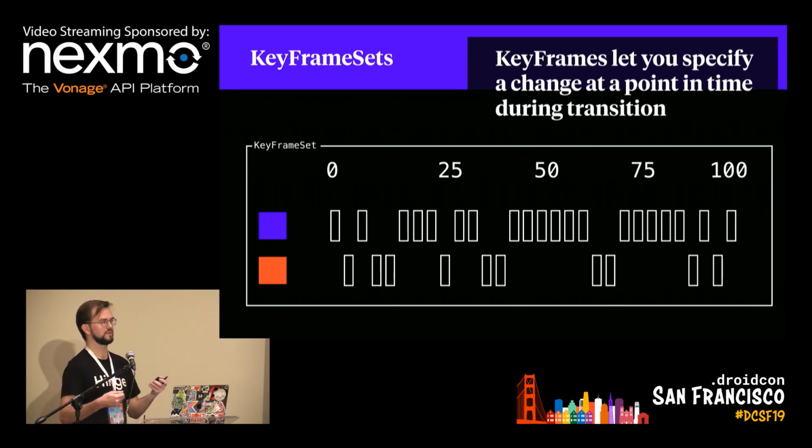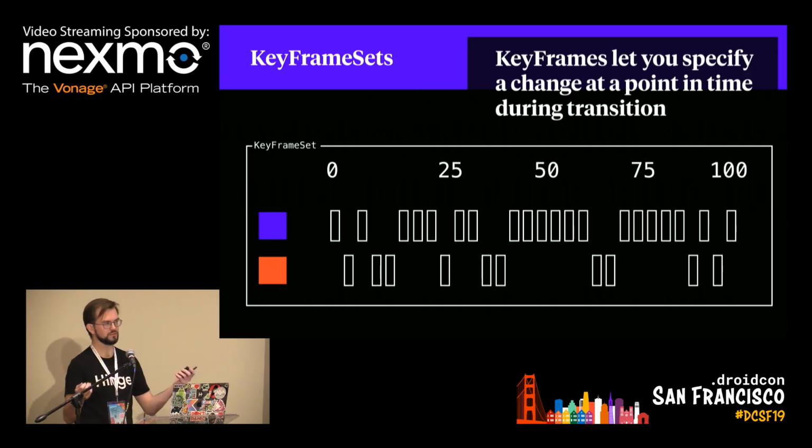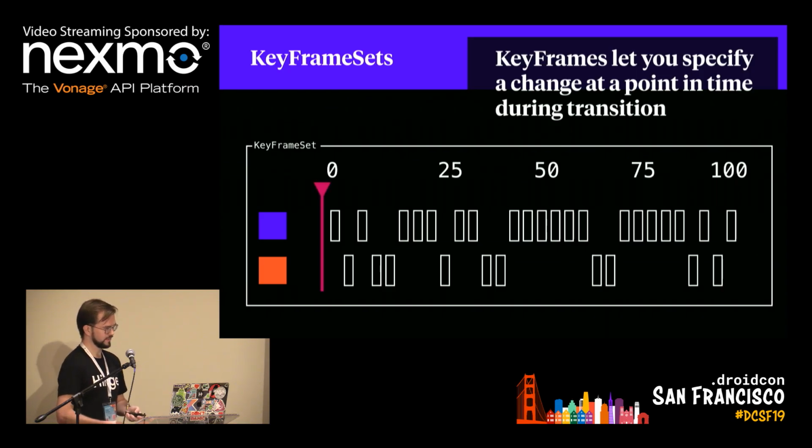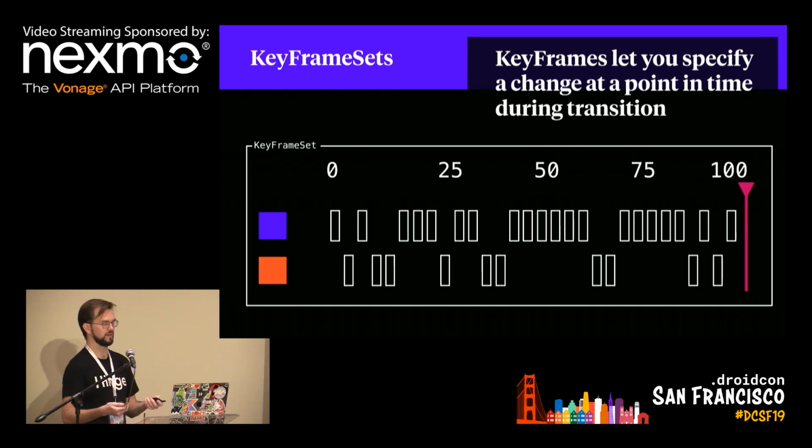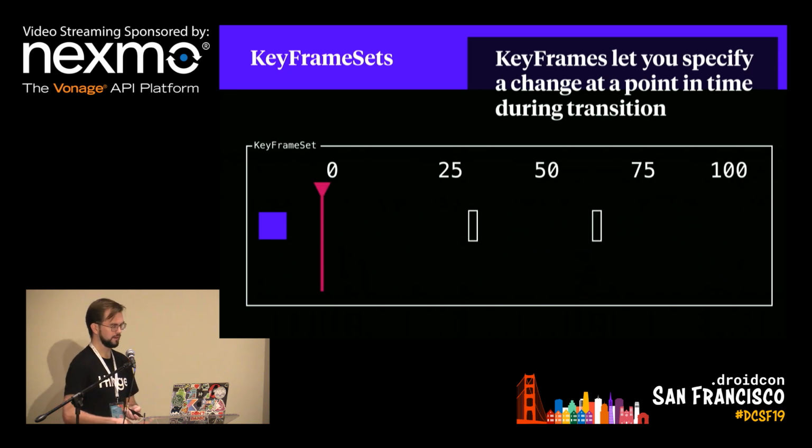You don't need to have a keyframe for every single view at every single time. So you could have 2 different views moving, translating, oscillating, rotating at different points in your animation. And it just runs through your keyframes just as the normal animation does, just modifying paths or other properties.